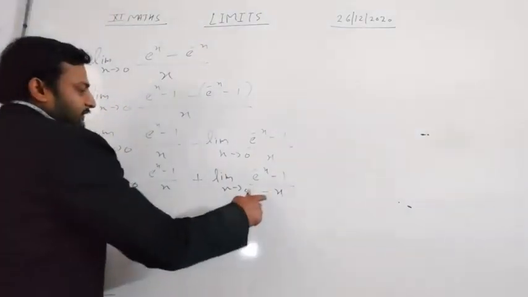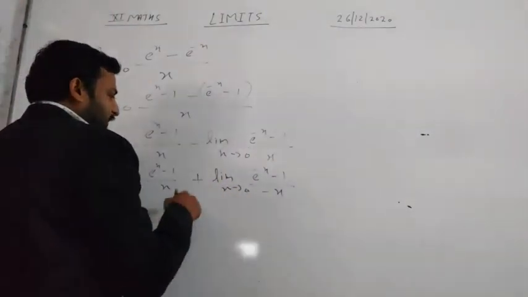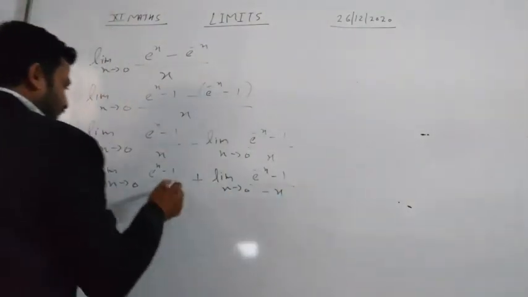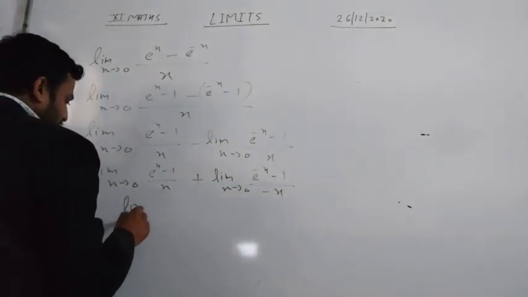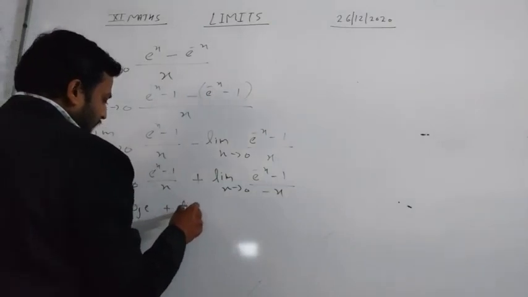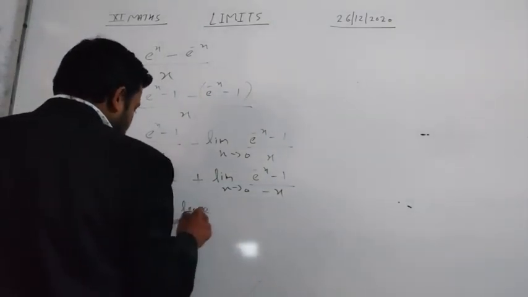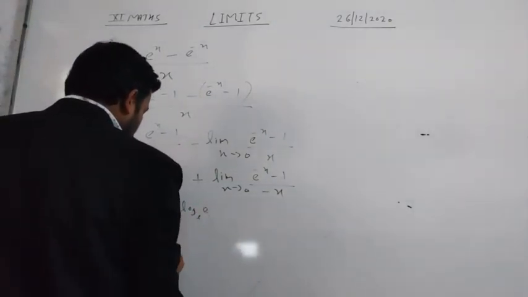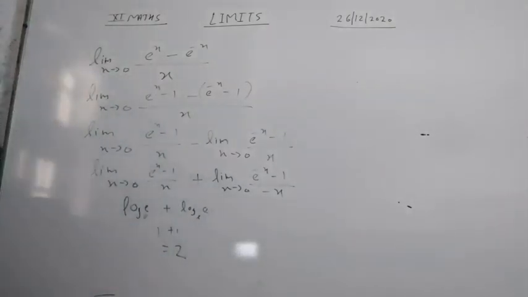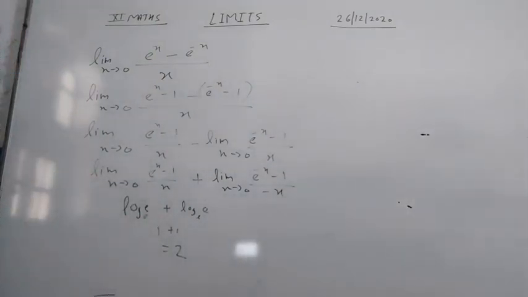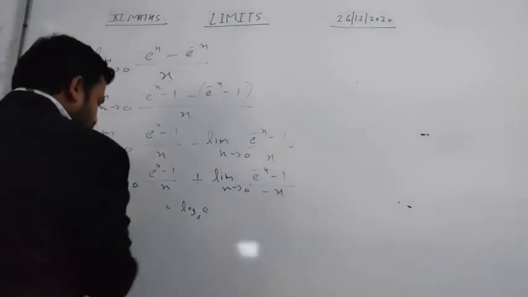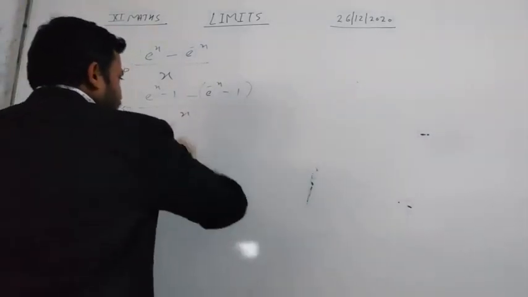We are multiplying here with minus, so it will be changed to plus. Now this part and this part, look at this. This is log of e and this is also log of e. So it is 1 plus 1 which is equal to 2. Okay, so this will be your answer. Now we move to next question.